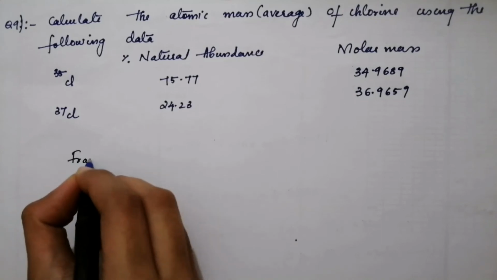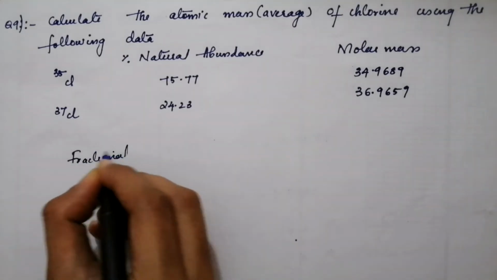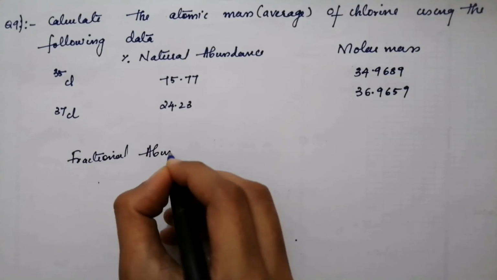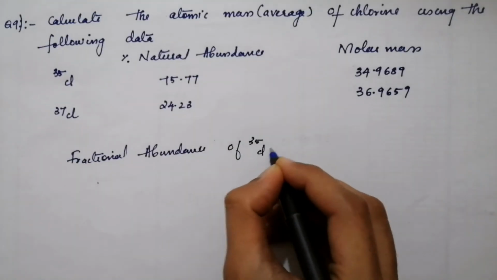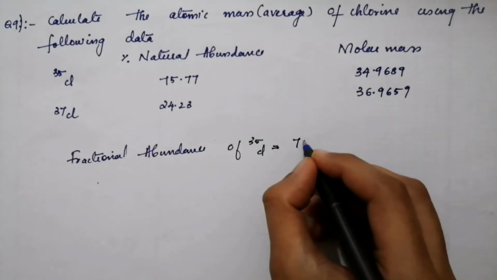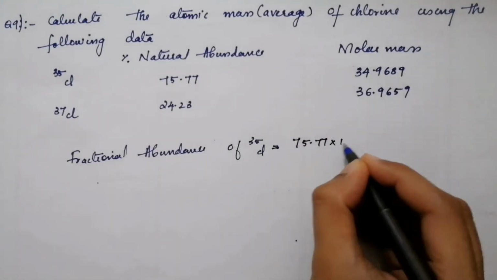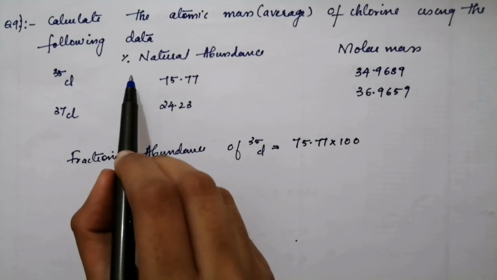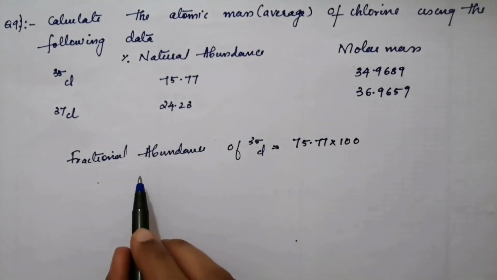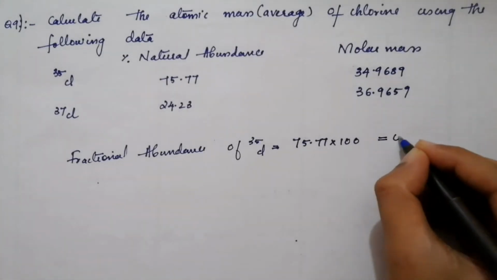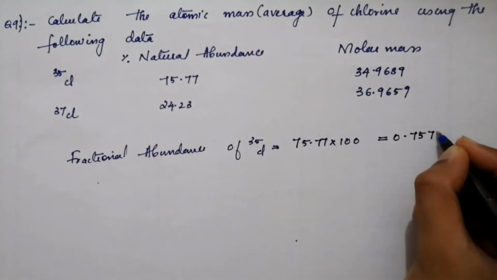So first let us calculate the fractional abundance of chlorine-35, which is 75.77 divided by 100. We are dividing the percentage natural abundance by 100 to get the fractional abundance. So we get this as 0.7577.